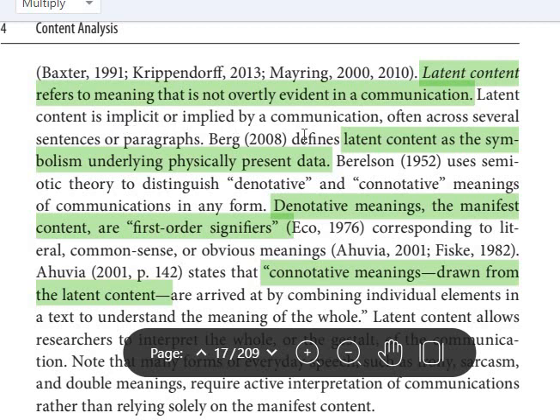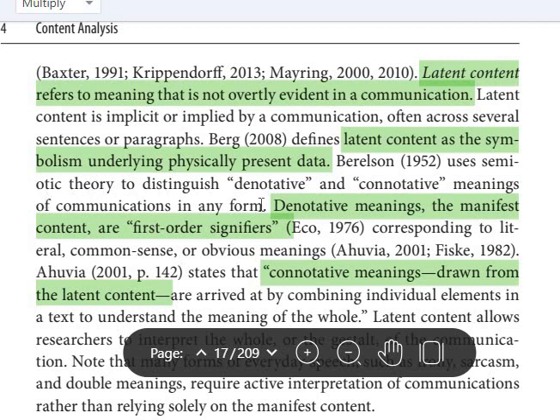It is implied by a certain communication, often across several sentences or paragraphs. So not only can it be implied in certain sentences, it can move on to paragraphs. Berg defines latent content as the symbolism underlying physically present data. Burleson uses semiotic theory to distinguish denotative and connotative meanings of communications in any form.